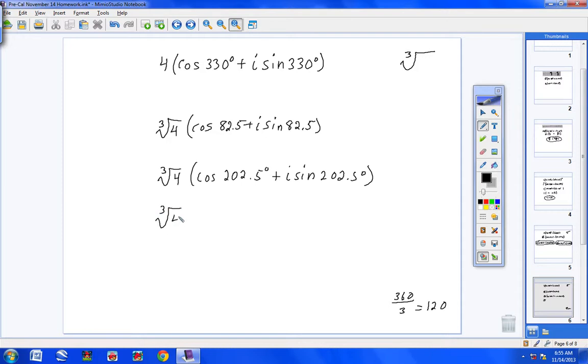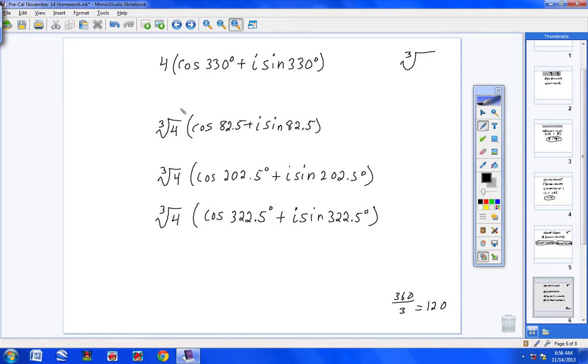So here we go, cube root of 4, and then 120 would be 322.5 degrees plus i sine 322.5 degrees.